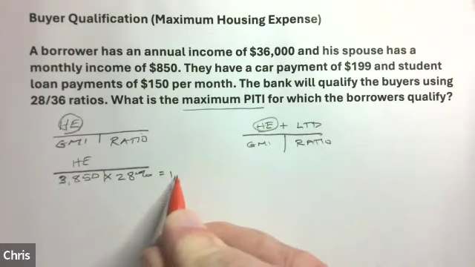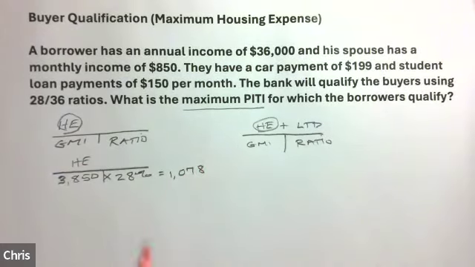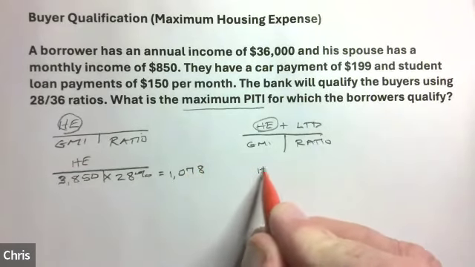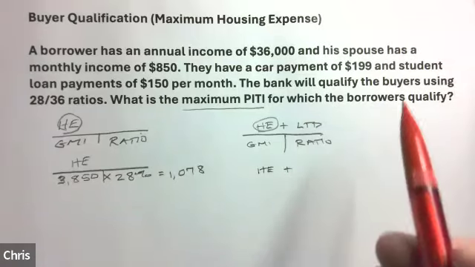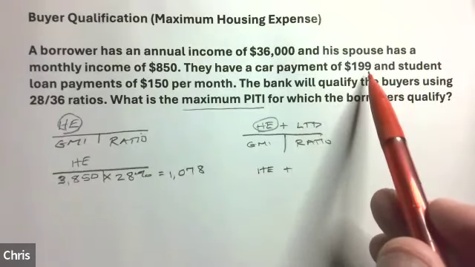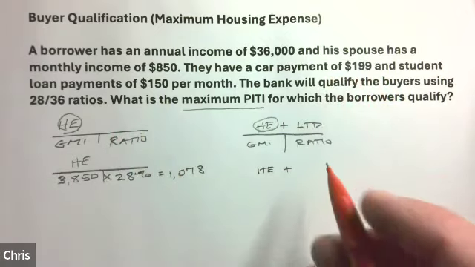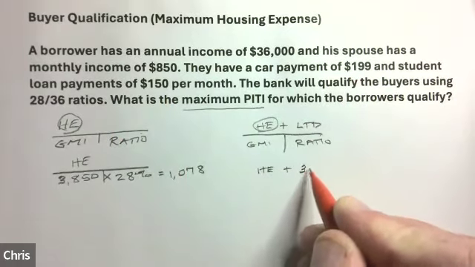So based on the front end ratio, he can afford a housing expense of 1,078. But the fact of the matter is, we know that this is America, so we know that people are running around with a lot of what I call back end debt. So his back end debt is going to be $199 for his car payment, $150 for his student loan payment. If I did my math right, that's $349.